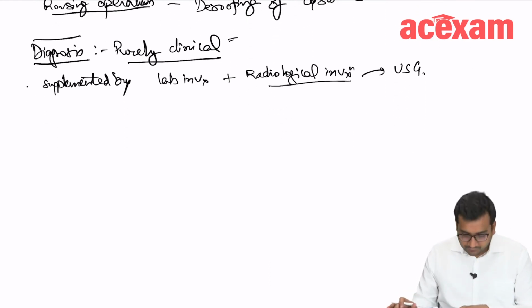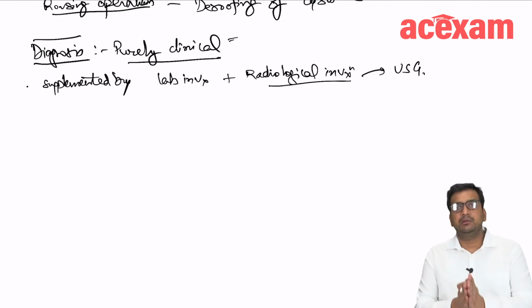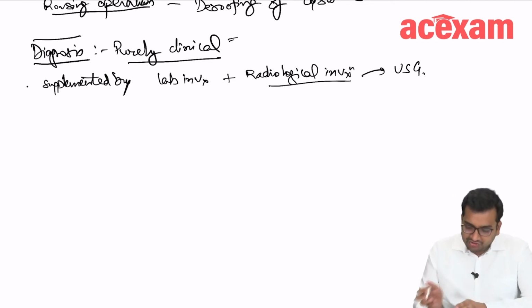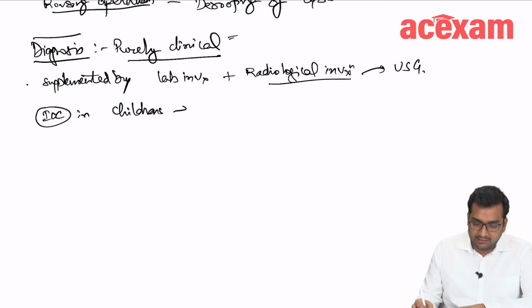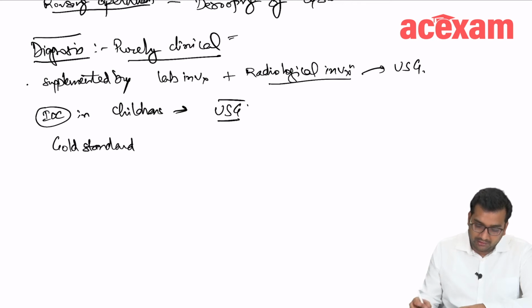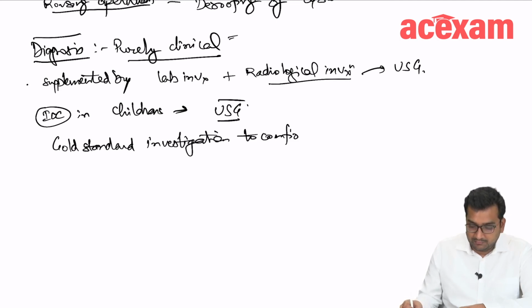Now, how do we diagnose acute appendicitis? What is the investigation of choice for acute appendicitis in children? It is ultrasound. What is the gold standard investigation to diagnose appendicitis?